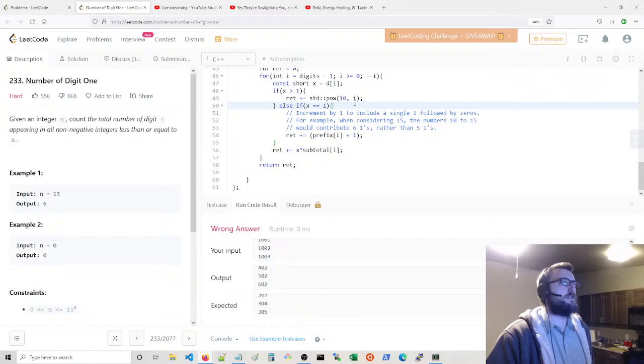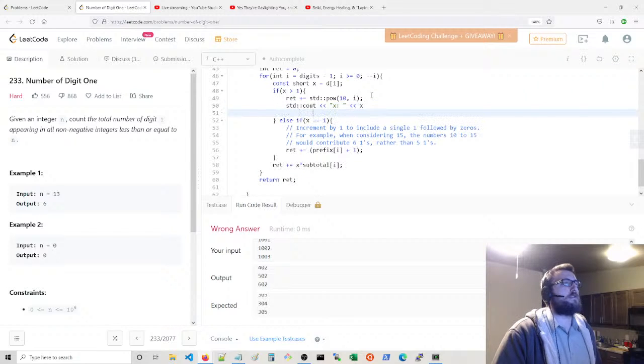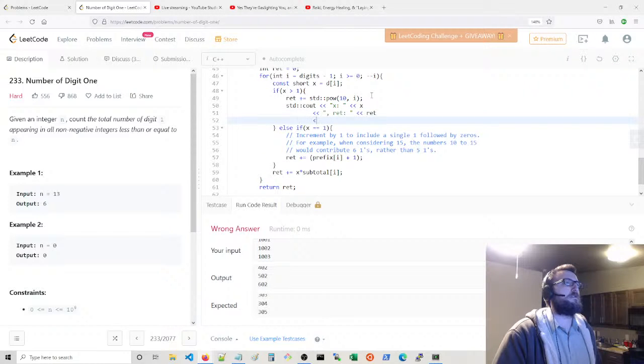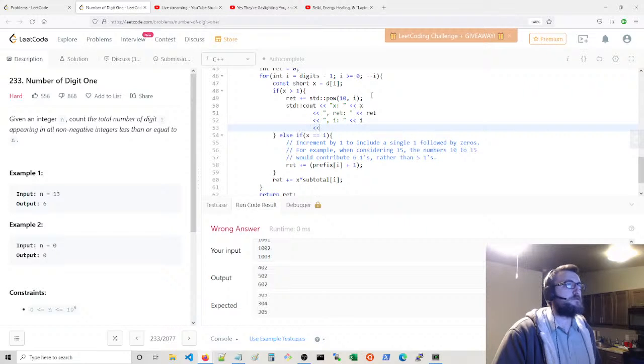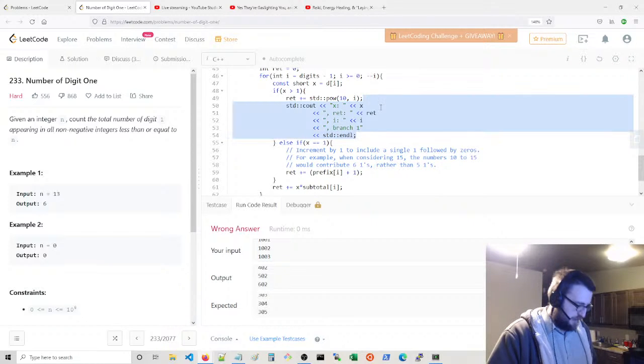X. What is going on? How is this happening? X is X. Ret is ret. I is I. And we'll just say branch 1. What happened here?